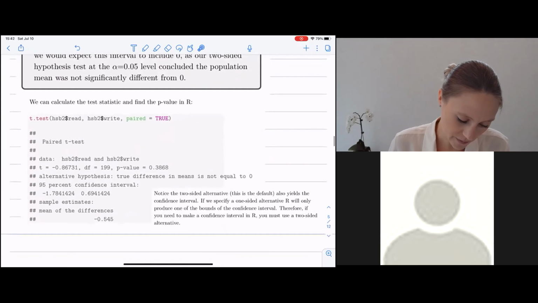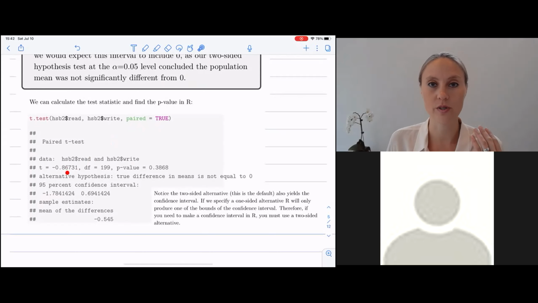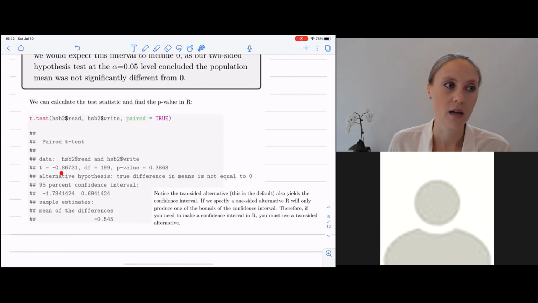Here we can do a paired test in R, and it'll calculate your T. Notice that, of course, R doesn't need to do any rounding, so the T is slightly different, but still very, very similar, right? And we're told the degrees of freedom is the same that we had.